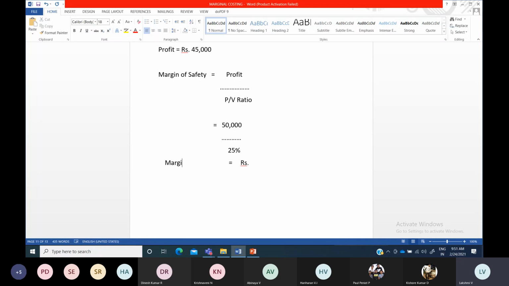So margin of safety is equal to rupees... 2 lakh, ma'am. 2 lakh. Okay. So this will be our margin of safety.